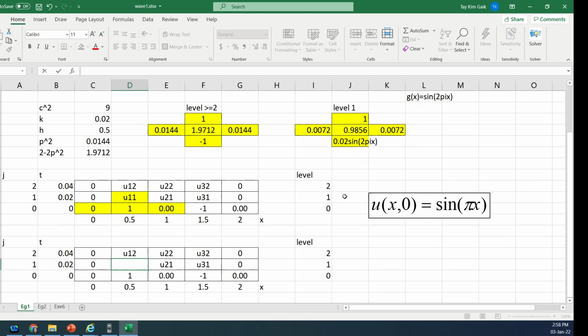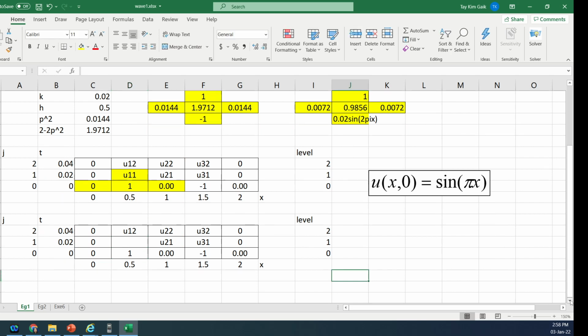I'm not calculating yet. I go to create, for you to see, this is x, gx here, gx is sin 2 pi x. Calculate sin 2 pi x below the x variable.